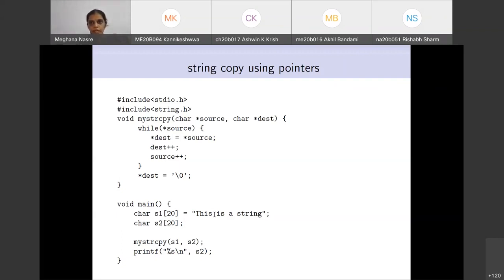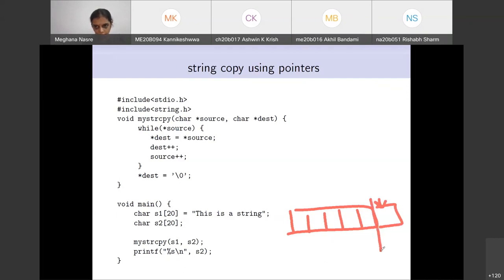Let me annotate and show it here. Let's say we have only 5 cells: 1, 2, 3, 4, 5. After you have completed copying T, H, I, S and the space, you are going to access this next memory location. I'm drawing this vertical bar to show that S2 had only space of 5 cells.